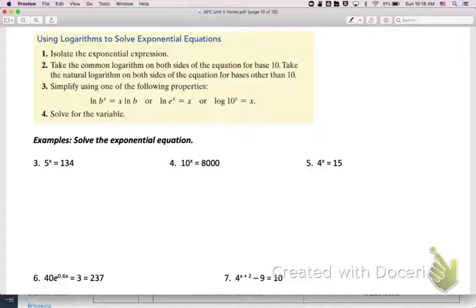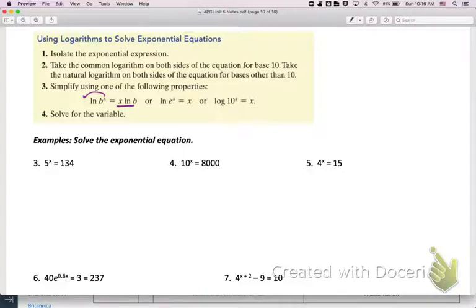So remember, our power property of logs says if I have the natural log of b to the x, we can bring the x out to the front, and that's how we get here. Remember, the goal with exponentials is to release the variable from the exponent so it's somewhere that we can work with it. So for number 3, we are going to start by taking the natural log of both sides.